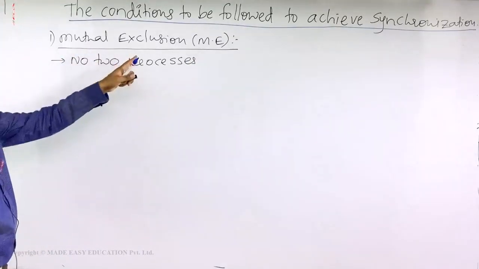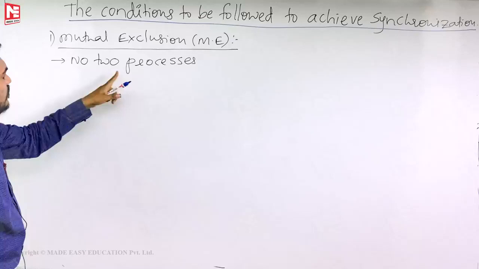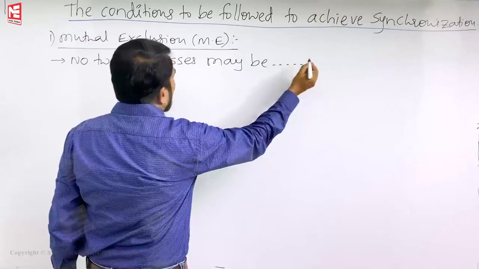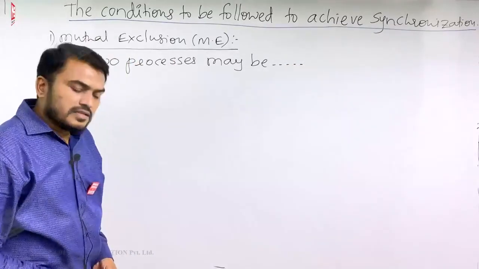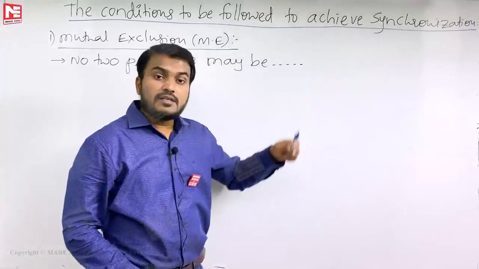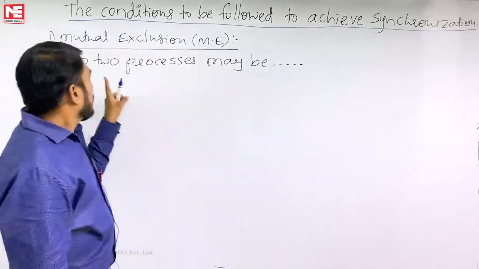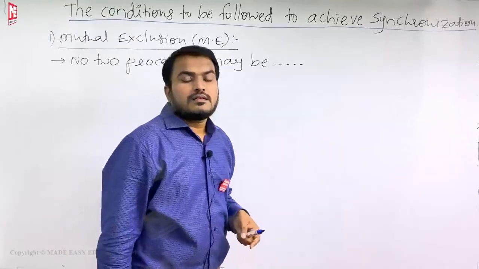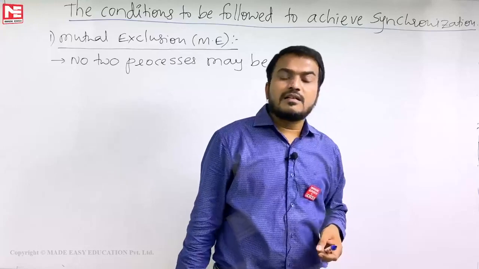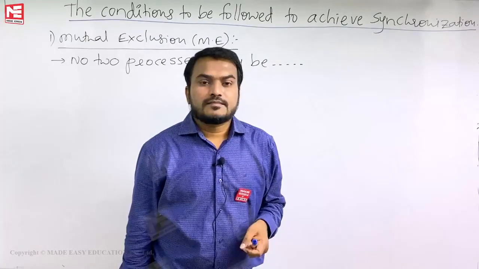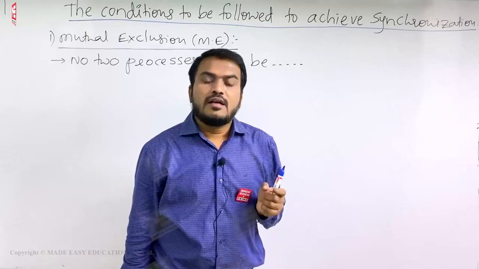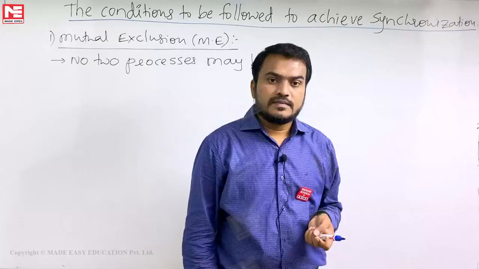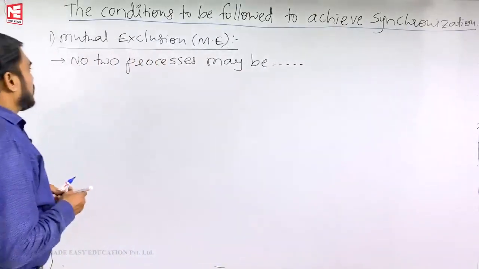No two processes may be simultaneously present inside the critical section at any point of time. I am not writing here, you have to continue and write. Full stop. Next point.